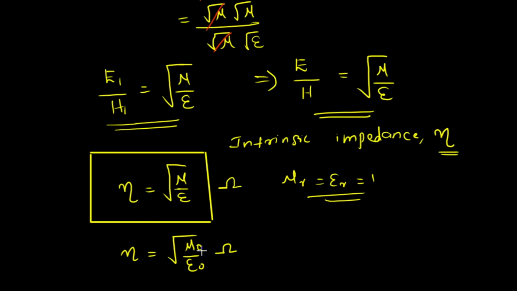I know mu naught and epsilon naught, they are constant values. If I substitute them, I get the intrinsic impedance of free space as 377 ohms. So the intrinsic impedance of free space is always 377 ohms.